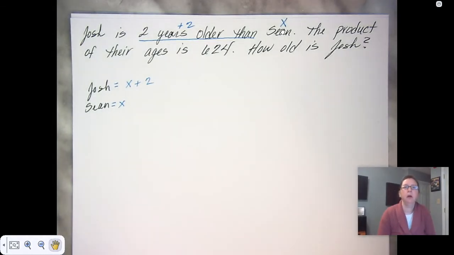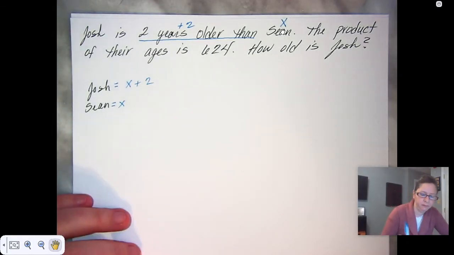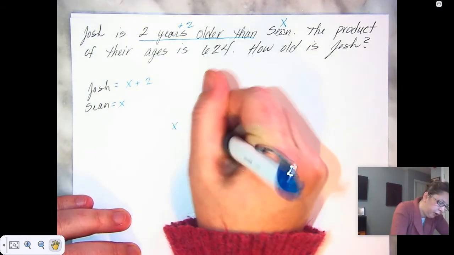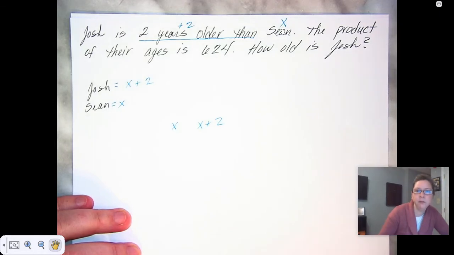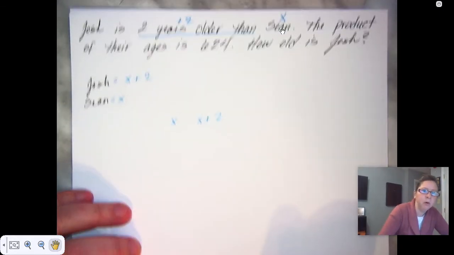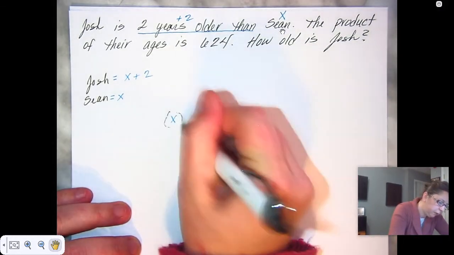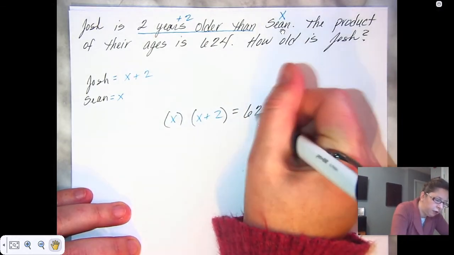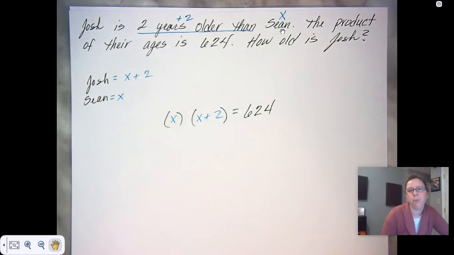Okay? The product of their ages. So they want me to take Sean and Josh, the numbers that represent their ages, multiply them together, and it should equal 624. Okay? So let's go ahead and solve this.